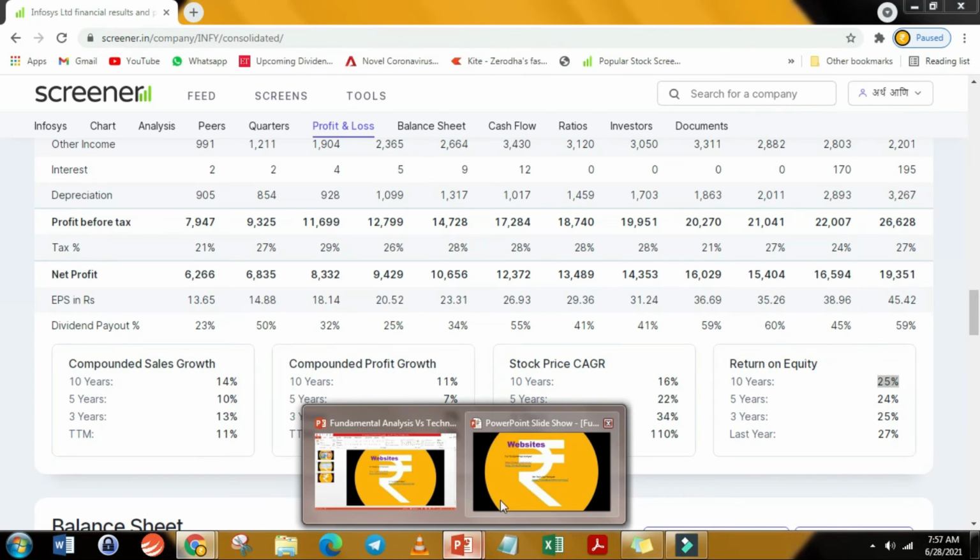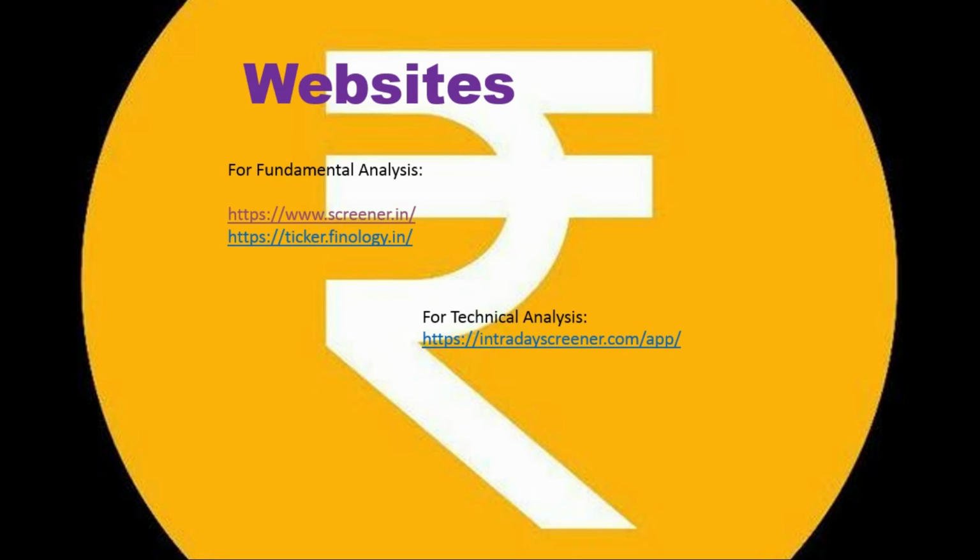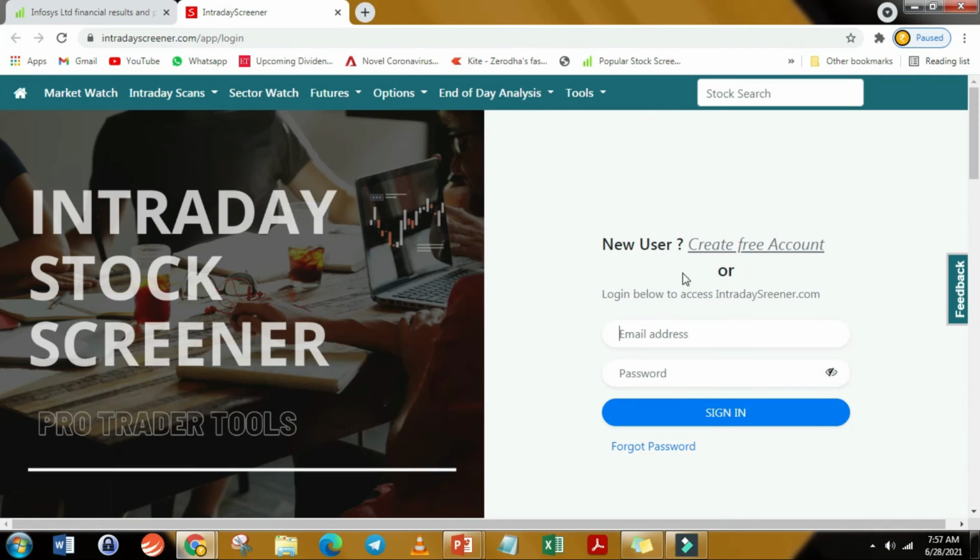Now if I go back, I want to show you the technical analysis. For this I am going to this site here. Once the site opens, I will put an example of any particular company. Like I'll take the same example of Infosys.